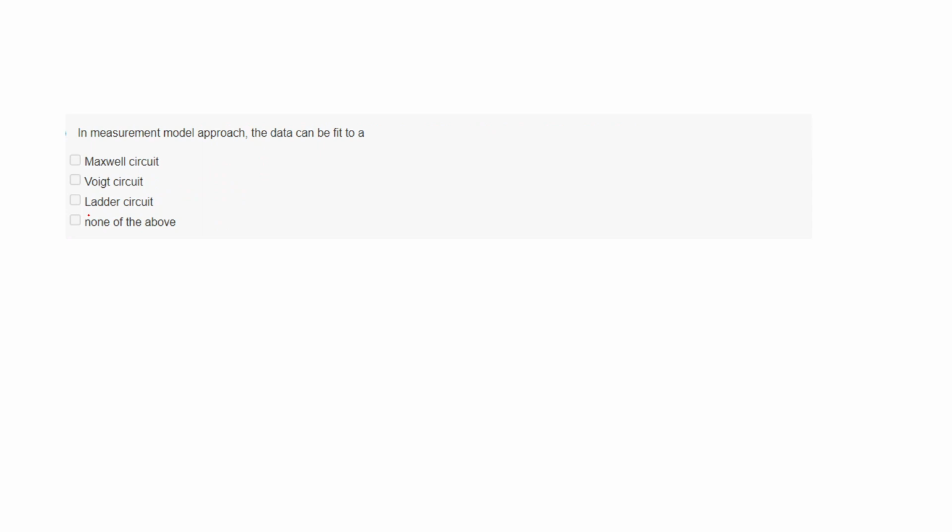In the measurement model approach, the data can be fit using Maxwell circuit, Voigt circuit, ladder circuit, or none of the above.